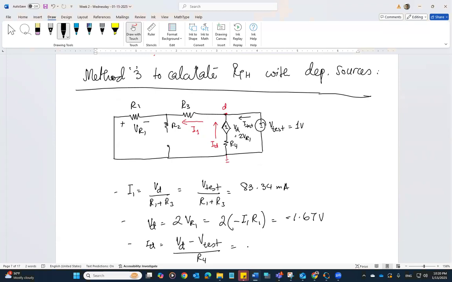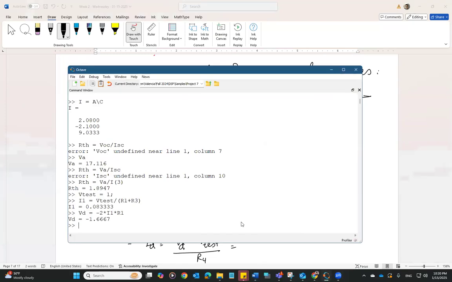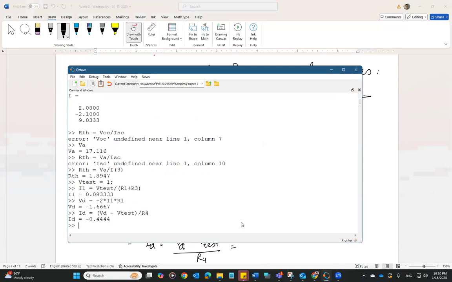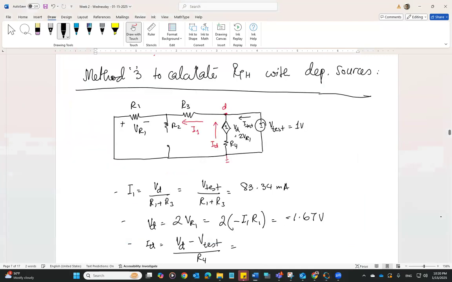That's going to be ID in the direction that I am showing the ID current. So ID is VD minus V test divided by R4, which is negative 0.44.